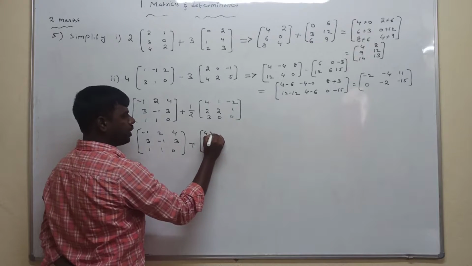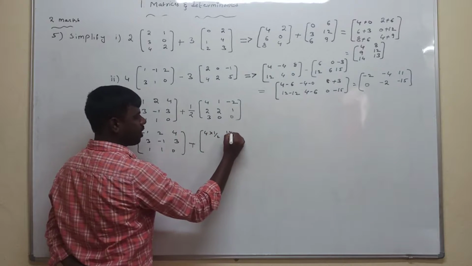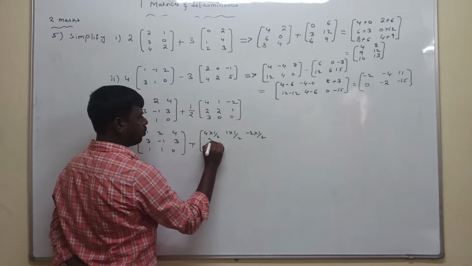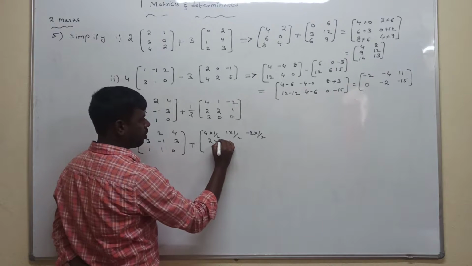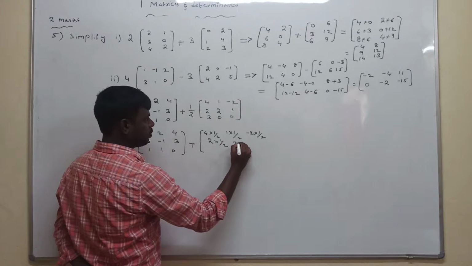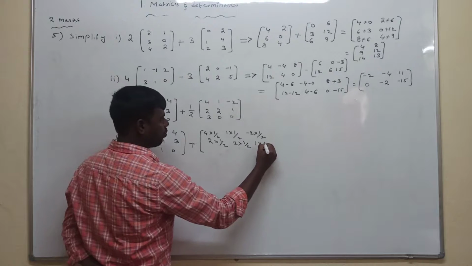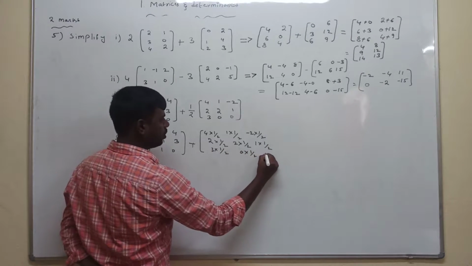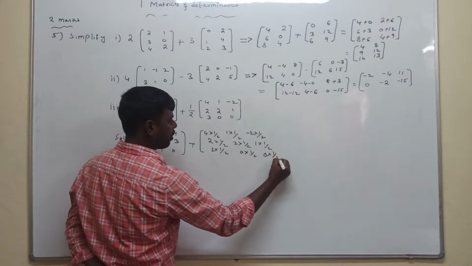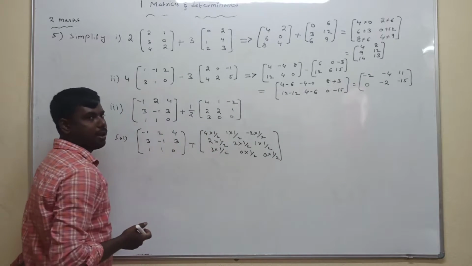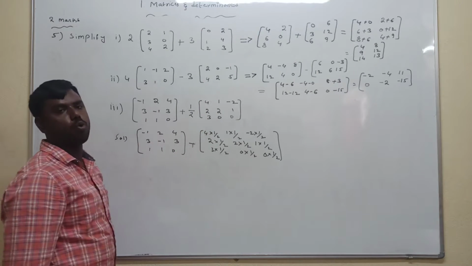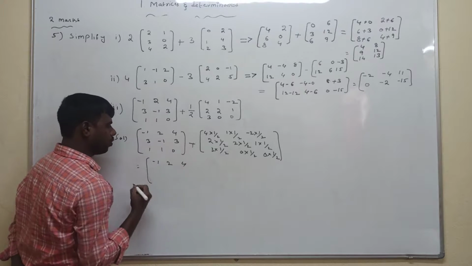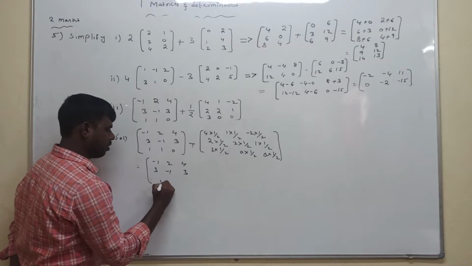That's why 4 into 1 by 2, 1 into 1 by 2, minus 2 into 1 by 2, 2 into 1 by 2, 2 into 1 by 2, 1 into 1 by 2, 3 into 1 by 2, 0 into 1 by 2, 0 into 1 by 2. Here 1 by 2 is a scalar element, so each element is multiplied with 1 by 2. Now this matrix is written as it is: minus 1, 2, 4, 3, minus 1, 3, 1, 1, 0.